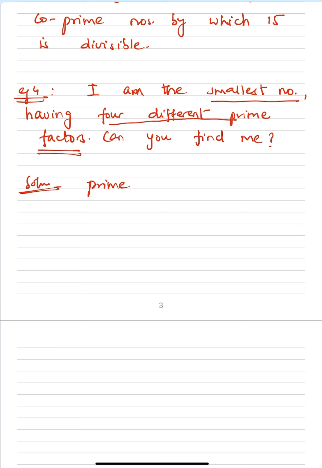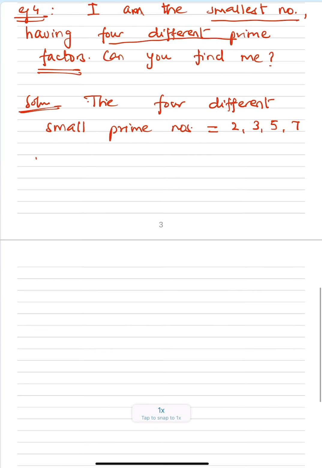The 4 different small prime numbers are 2, 3, 5 and 7, and so the required number will be 2 into 3 into 5 into 7.